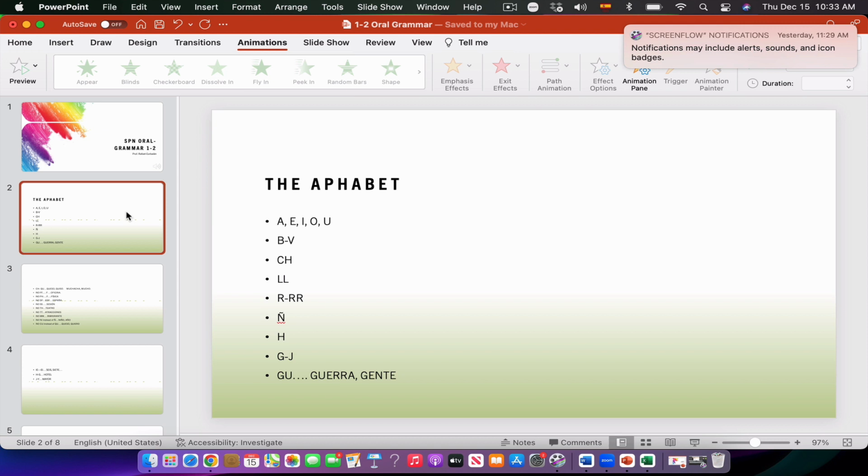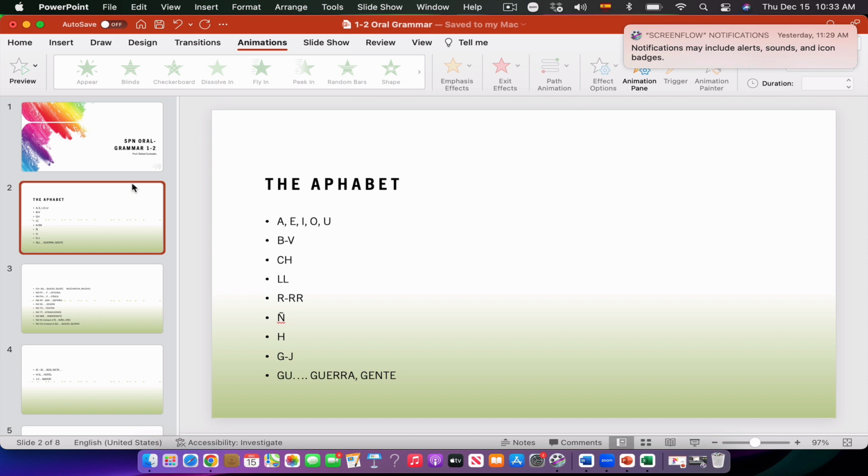For example, hierro, with two vowels on the sides and then two R's. So if you have a word that has an R at the beginning or two R's in the middle of the word, you know that the R has to be pronounced strong. If it's only one R between a vowel and a consonant, in that case it's going to be soft. For example, árbol is soft and hierro is strong.